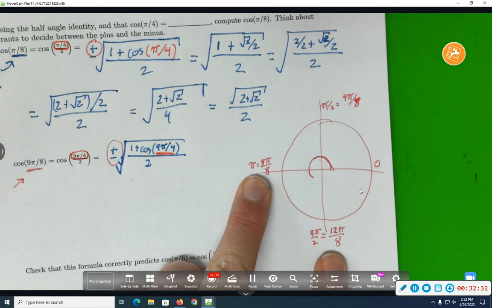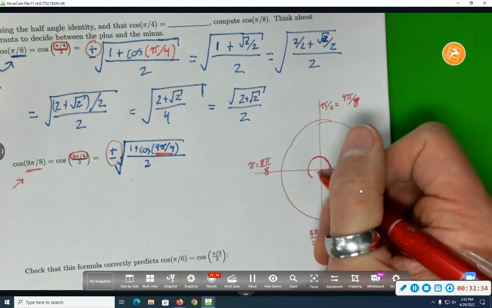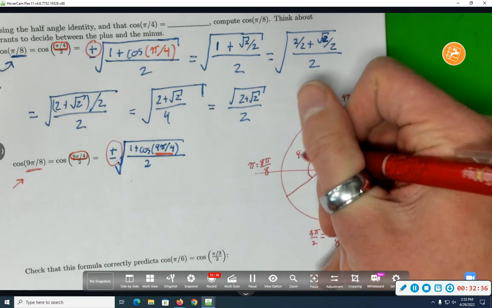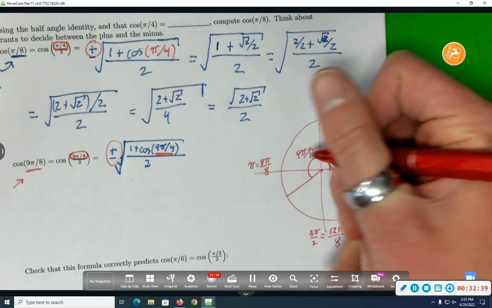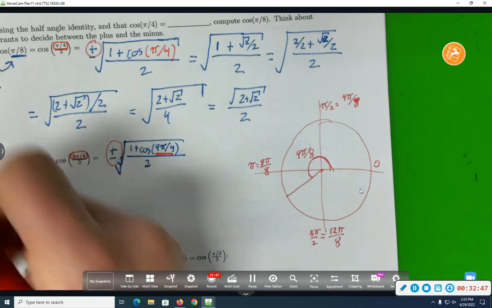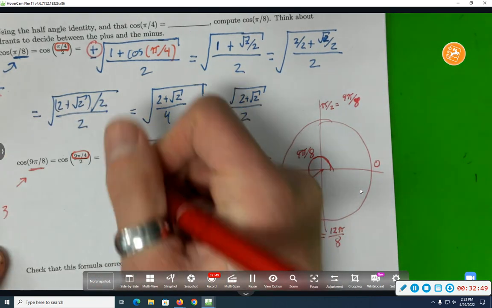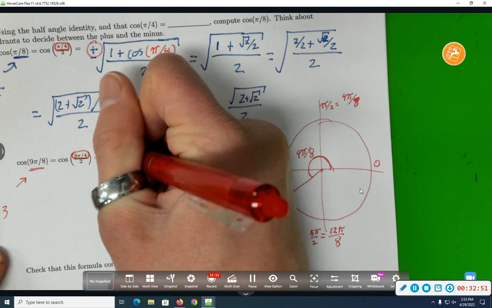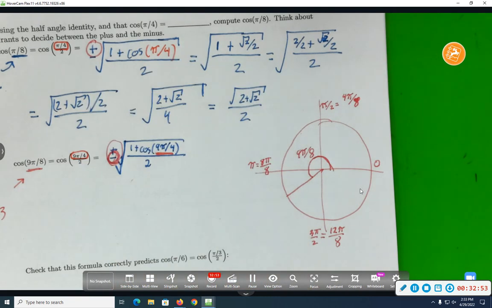Yes. 9 is bigger than 8 but less than 12. Cool. What quadrant is that in? Quadrant 3. So is cosine positive or negative? Negative. So it's quadrant 3, so this quantity is negative.